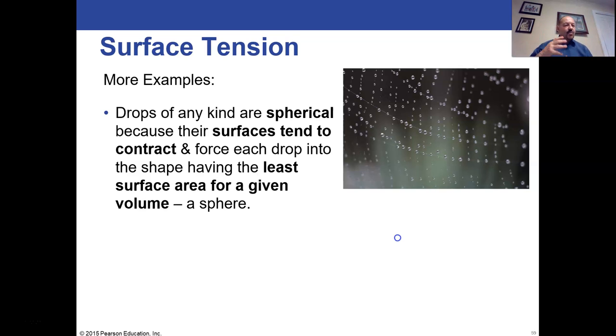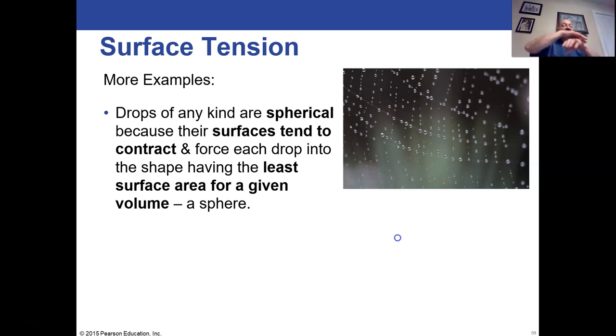The idea is they are trying to minimize how much of the surface, how much of the area on the outside is there. Most of the molecules are all being pulled into the center, so all the molecules of water are trying to be in the center. Nobody's trying to be on the outside, and as a result, they're trying to have the least surface area possible.